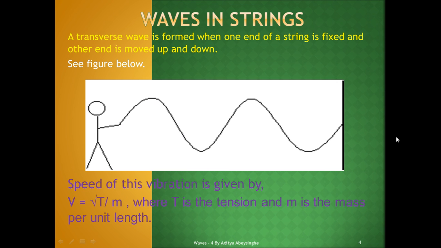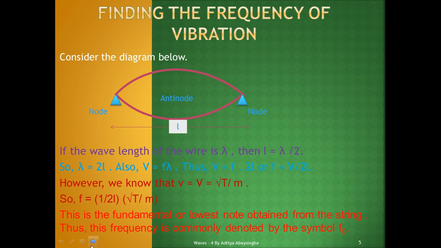You could find the frequency of the vibration, but if you make this vibration by hand, it's hard to find it. So we do a simple calculation like this. Although we can't find the frequency manually, we know that V equals F lambda, and we can find the velocity by V equals root T over M. You can find the tension of the string, the total length, and the total mass.